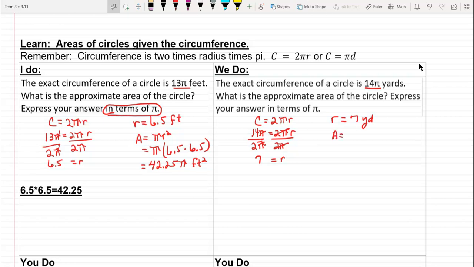We'll use our formula. Area equals pi times radius to the second power. Again, they want the answer in terms of pi, so we'll leave pi alone. Pi times 7 to the second power. 7 to the second power is 49. And let's rearrange this. 49 pi yards squared.